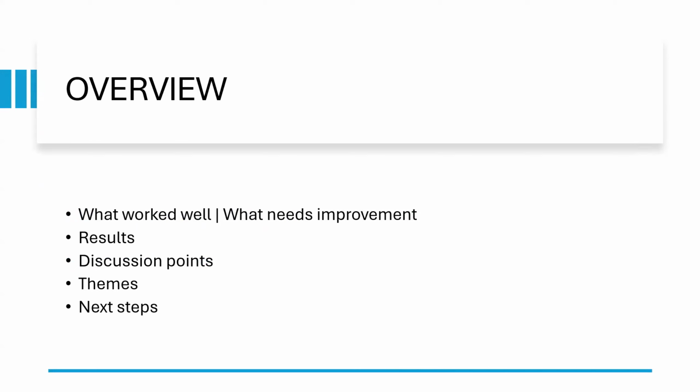But the counties, I think, did really well, and I'll be highlighting some of the good pros from the survey work done in the counties. And so we've got some results, some points of discussion, and some themes I want you to be aware of. I was thinking these were more trends as well, and then some next steps items that you'll need to do.